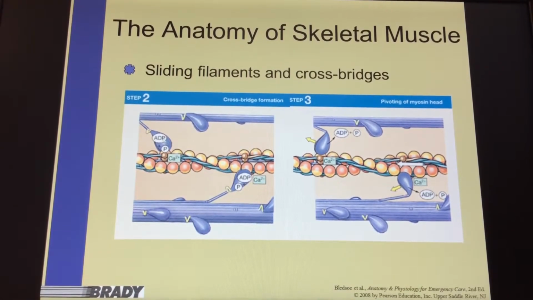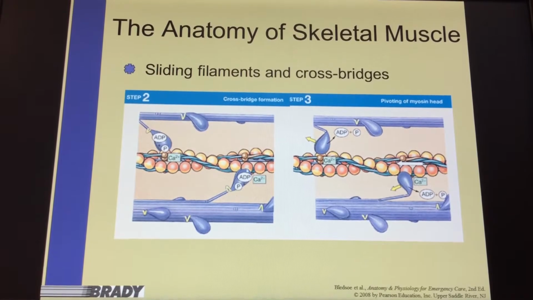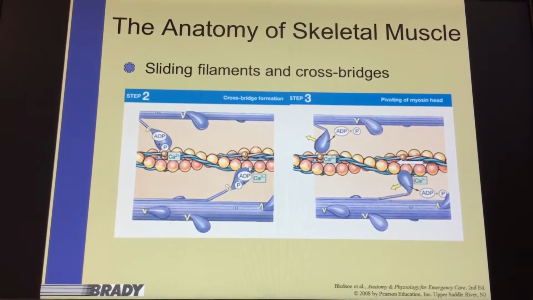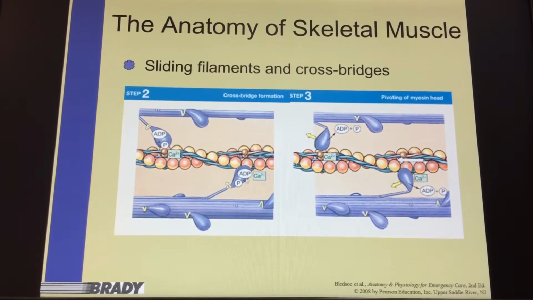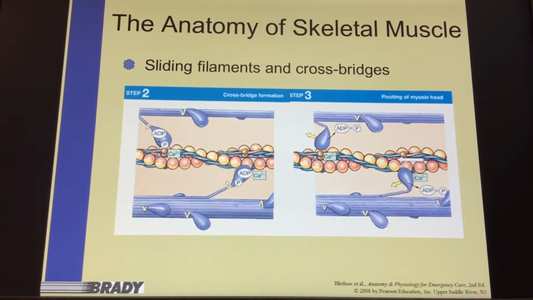actin molecules. Now, with the use of energy, basically breaking down an ATP, an energy molecule, the myosin head attaches. As it attaches and moves, you can see it flexes, and it basically pulls that thick filament along the thin filament, and that's what gets us contraction.